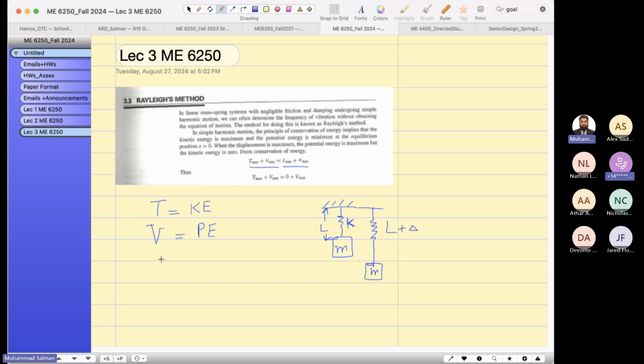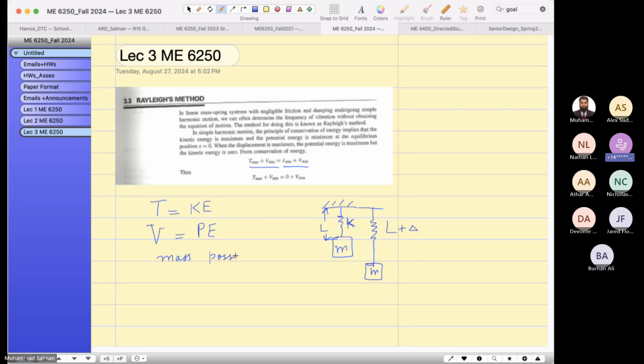Any body which has mass possesses kinetic energy, and the springs store the potential energy.